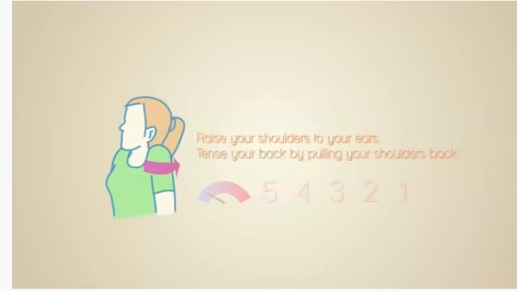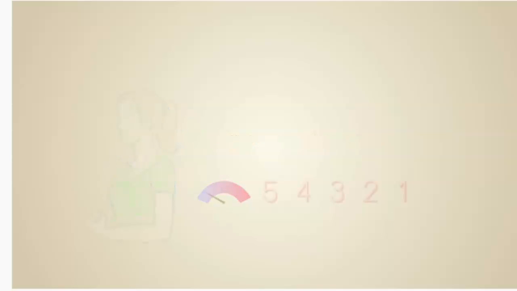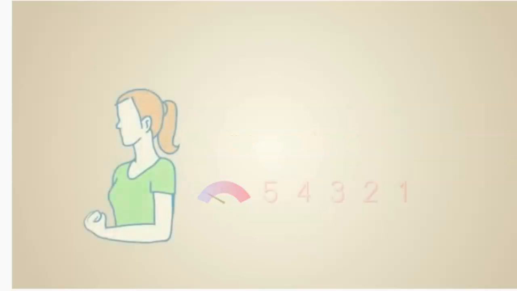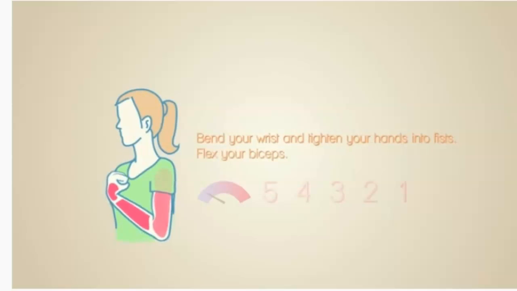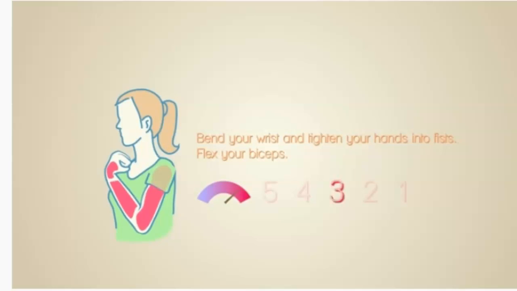Tense your back by pulling your shoulders back. Hold that tension for 5, 4, 3, 2, 1. Quickly release and relax. On to your hands, fingers, and arms. Bend your wrist and tighten your hands into your fist. Flex your biceps. Hold that tension for 5, 4, 3, 2, 1.